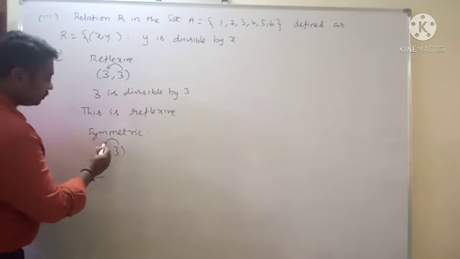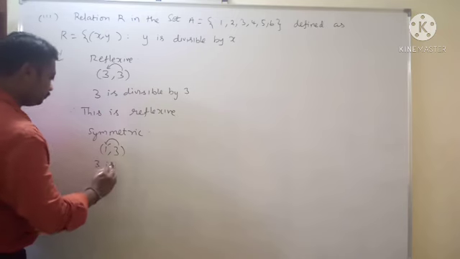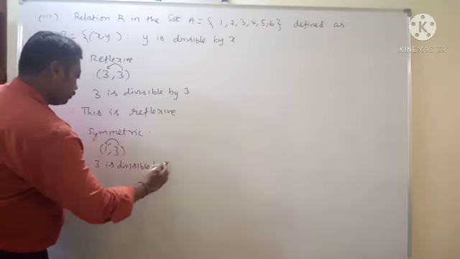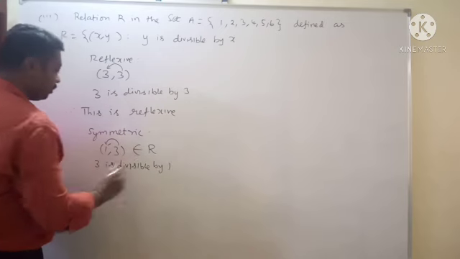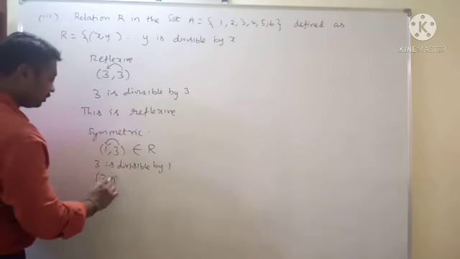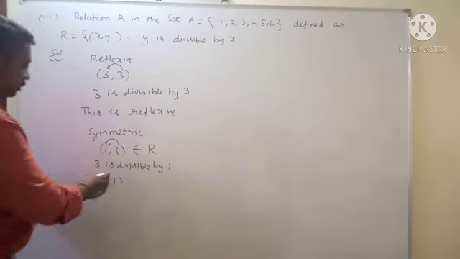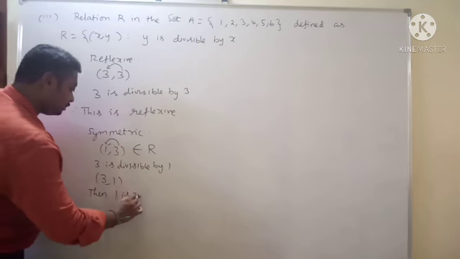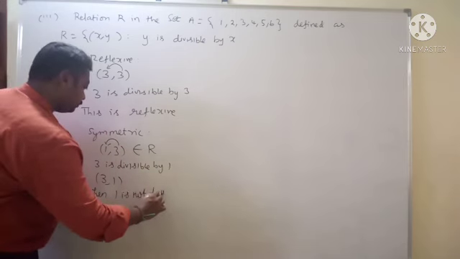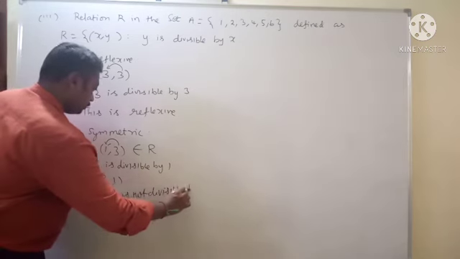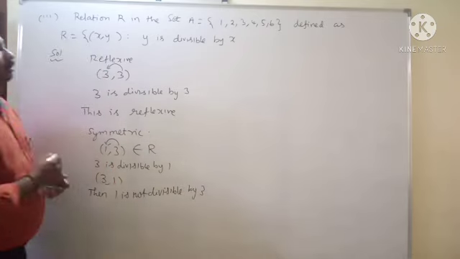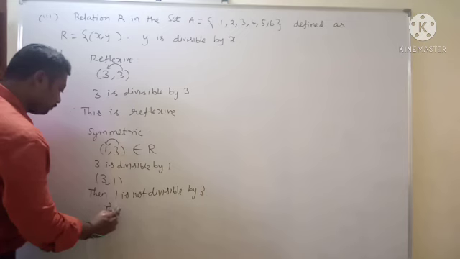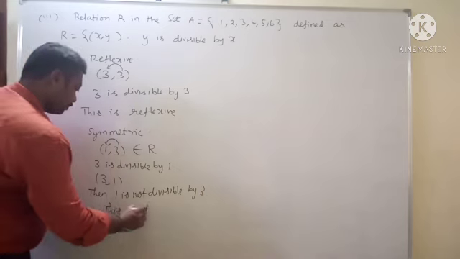So 3 is divisible by 1, so this belongs to R. If we write (3, 1), then 1 is not divisible by 3. Therefore this is not symmetric.